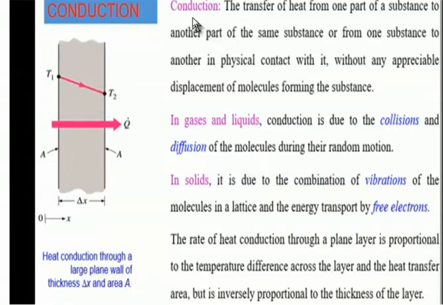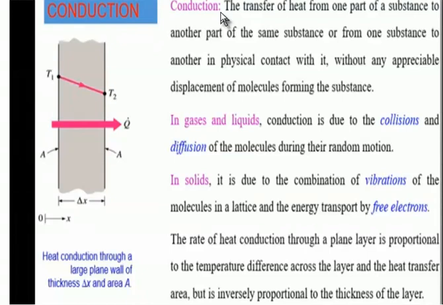So that is conduction. Conduction is nothing but the heat transferred between two substances when they come in contact with each other, or the heat transferred from one part of the substance to another part of the same substance.